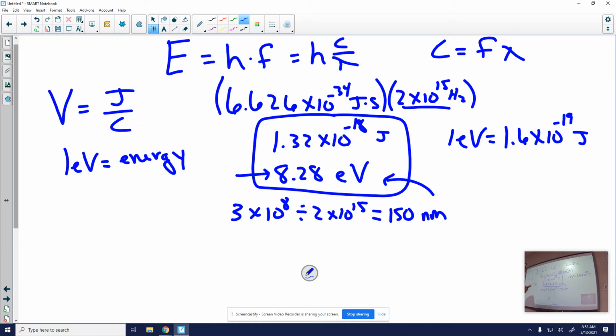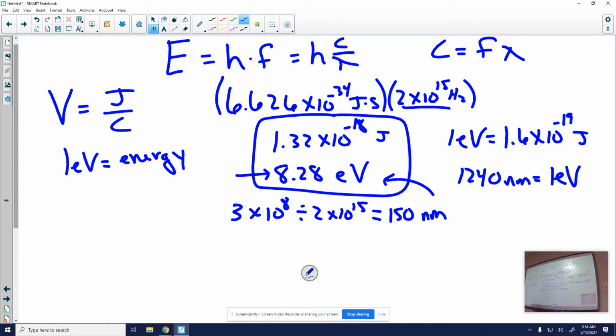So if I take 150 nanometers and I multiply by 8.28, I get 1240 nanometers. And that turns out to be the energy of 1 electron volt.